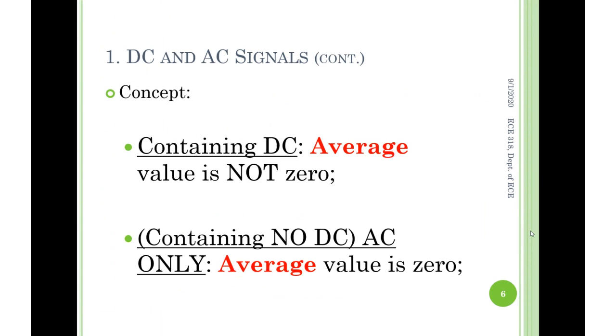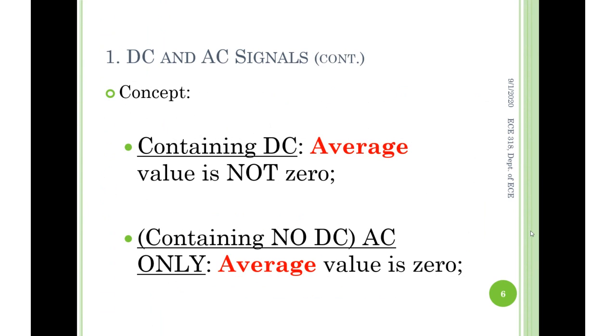I'm highlighting this word, average. You are not looking at the peak value, not the maximum value, not the minimal value, and of course not the shape. You are looking at the average value to judge if there is any DC.